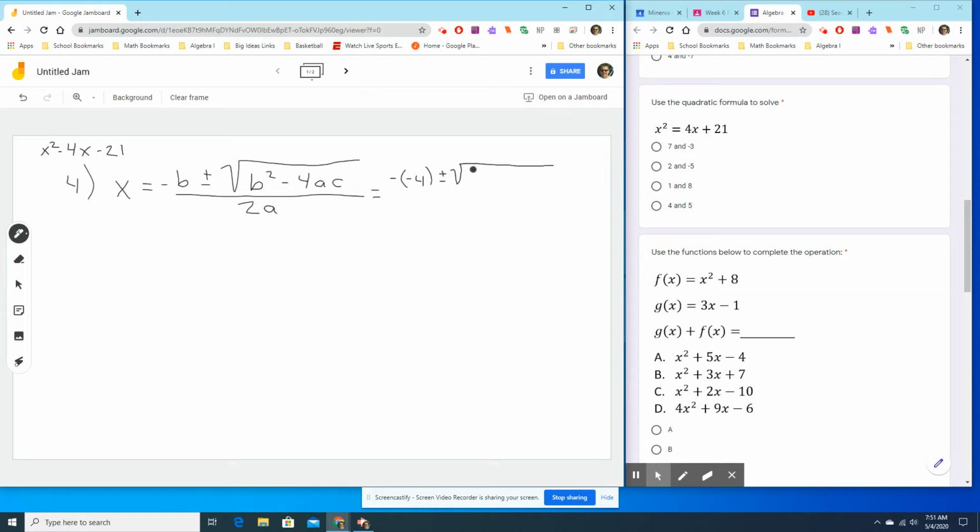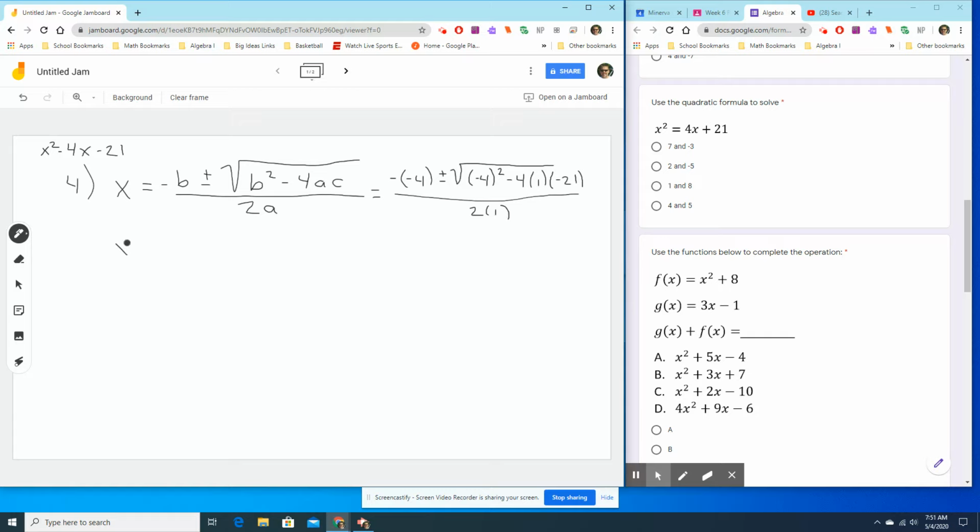So we get negative 4 here, squared, and then minus 4 times 1 times negative 21, over 2 times 1.